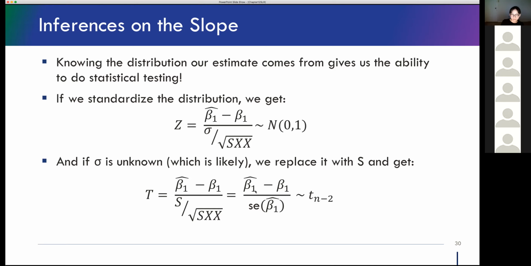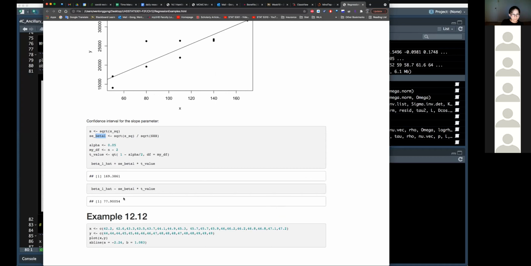Remember this is squared, so you take the square root, you get S. Actually, I should just put S here because I have already calculated it. So this is S divided by the square root of SXX. This is the standard error of your beta 1 hat.